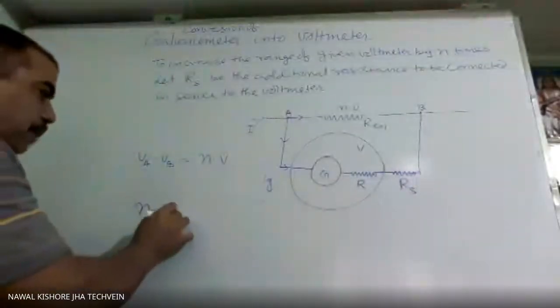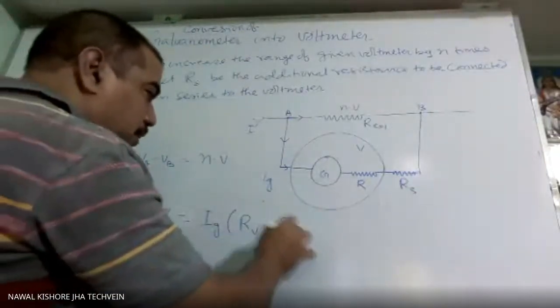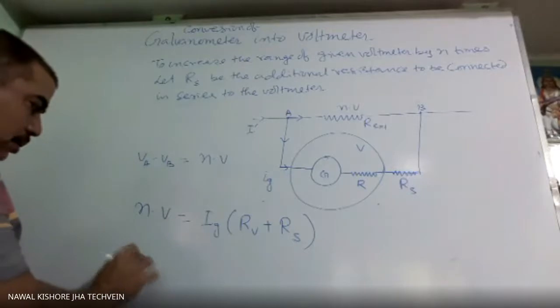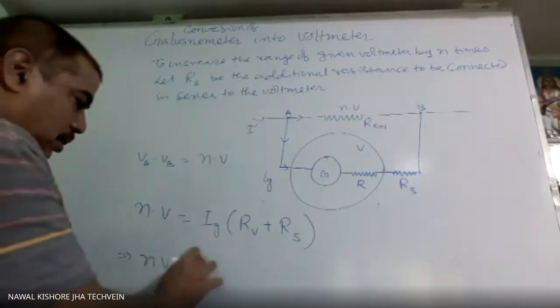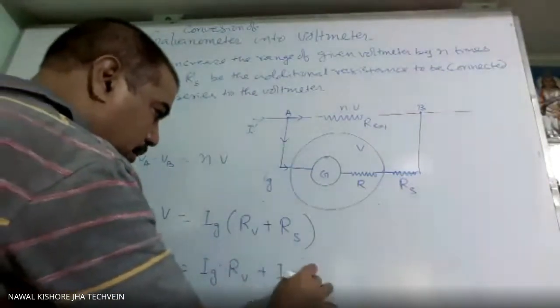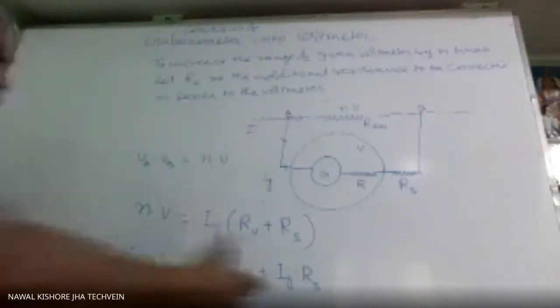So now this N times V will be Ig into RV plus RS, that is, Ig into RV plus Ig into RS. So we have to find this RS.